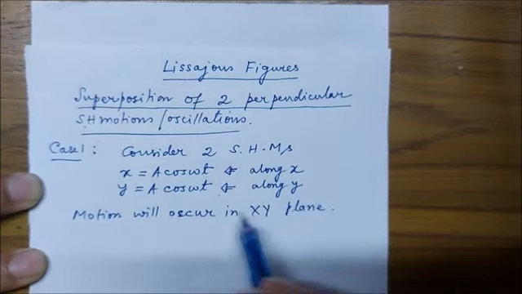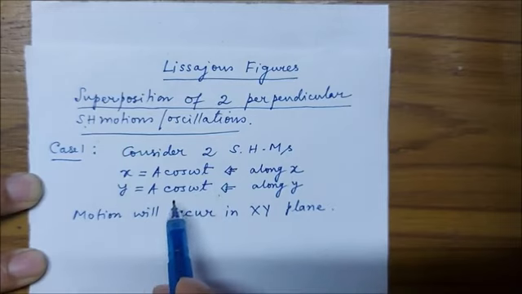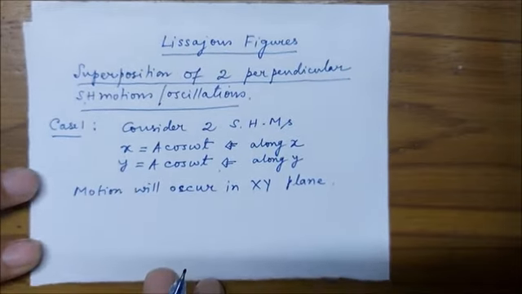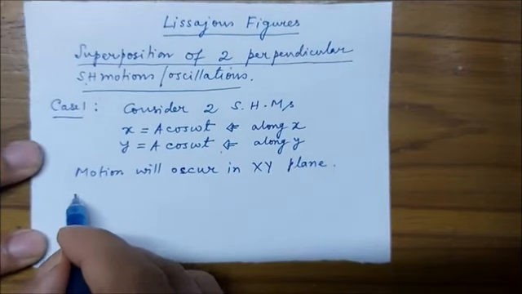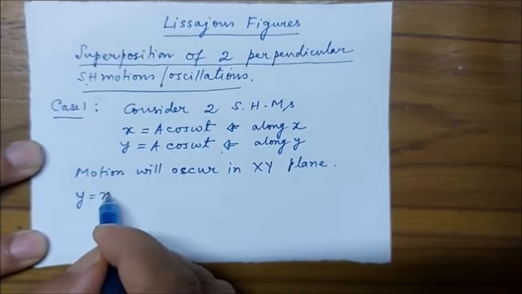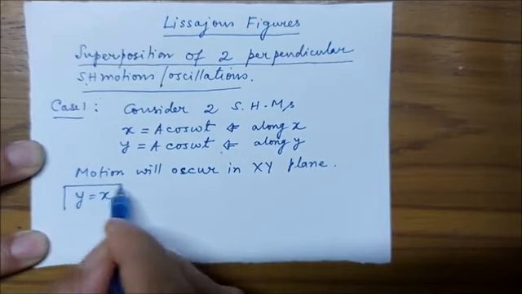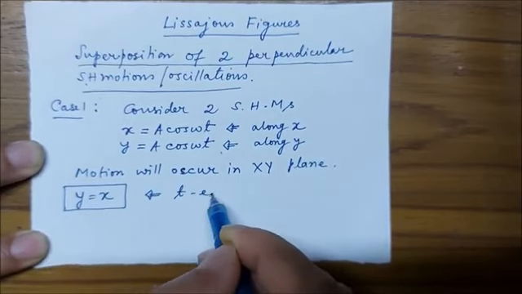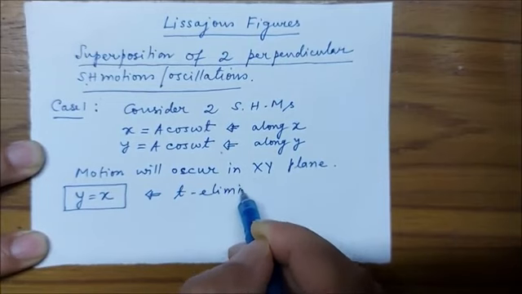Let us eliminate t from the two equations, which is a very easy task because y and x are same. So we can write y equal to x, which is the t eliminated equation.